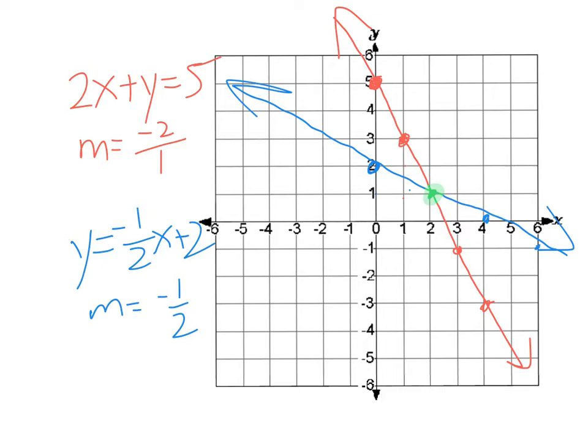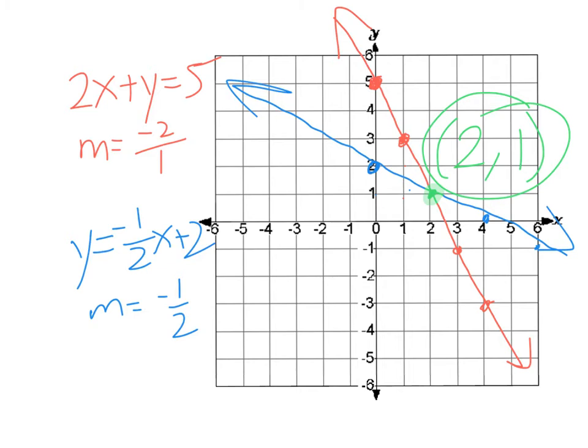And where they cross, they have a single point in common. That is a point that is a solution to both the red graph and the blue graph, which means it's a solution to both those graphs. It is what we call the solution to the system of equations. And in this case, that means the answer is the point 2, 1, and that is the answer to the system of equations.